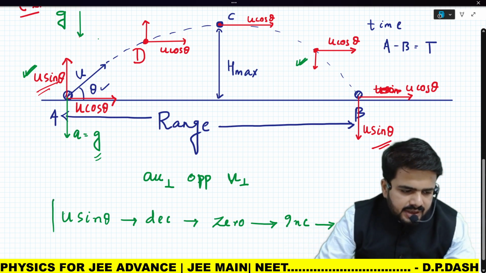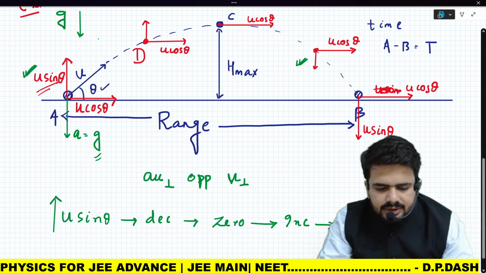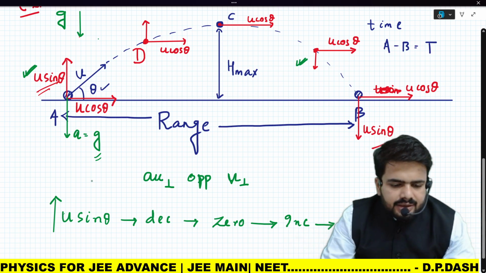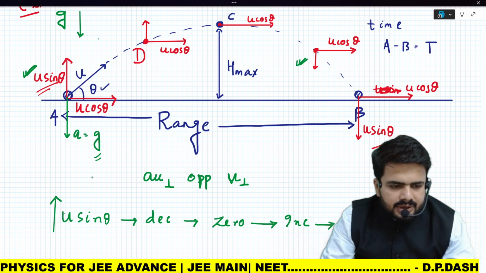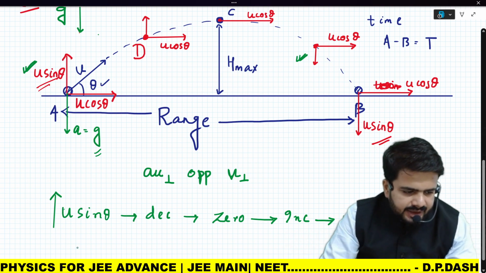Initially u sin theta was acting in upward direction; now u sin theta is acting in vertically downward direction. Here I can draw the arrow mark in downward direction. Clear? So this is how u sin theta changes its direction.